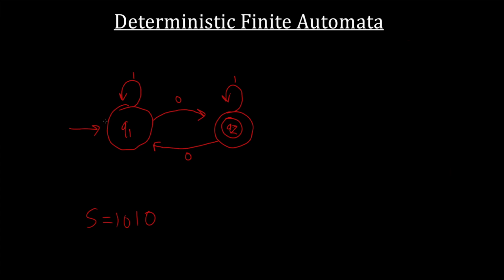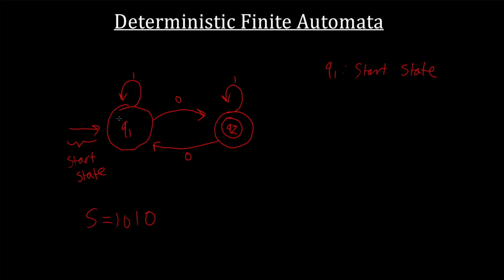So what exactly is this arrow here? Well, this arrow indicates that Q1 is the start state of the DFA. So anytime you've got an arrow pointing from seemingly nothing to a state in the DFA, that indicates that state is the start state. So I'll write it over here so we don't forget that. Q1 is the start state of the DFA.